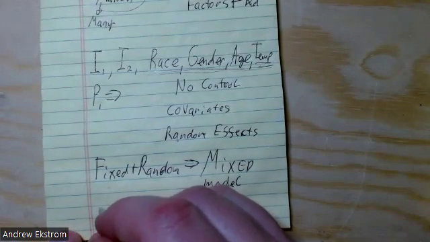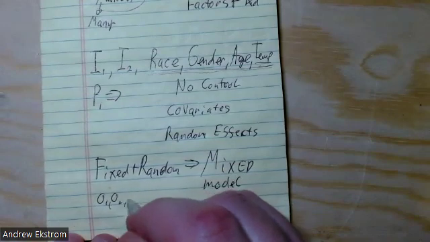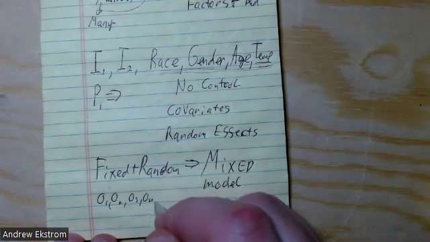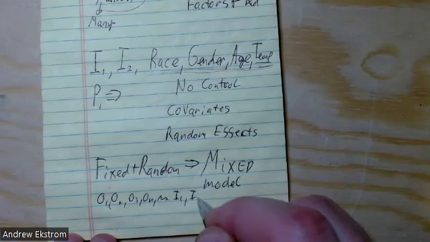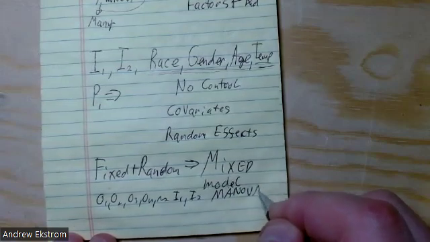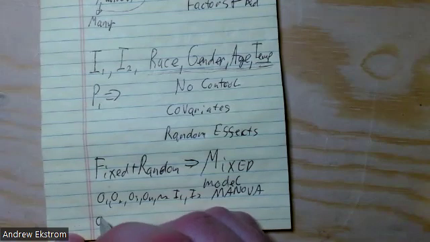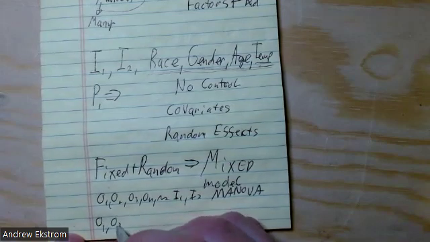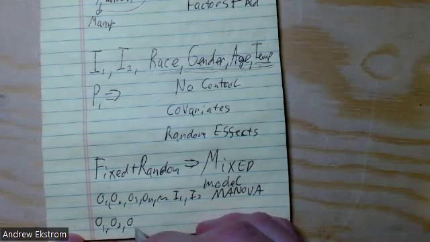So if we have, say, O1, O2, O3, O4 versus I1 and I2, that's called MANOVA.